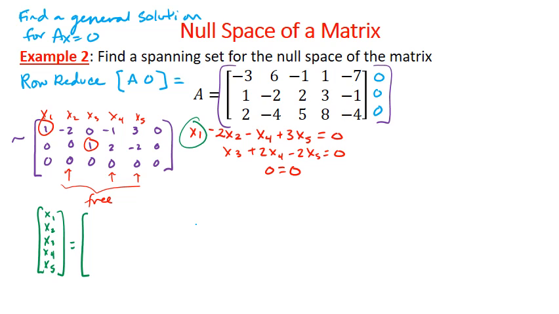If I solve this for x1, I end up with 2x2 plus x4 minus 3x5. x2, remember, is free. x3, if I solve this for x3, I have negative 2x4 plus 2x5. x4 and x5 are free.